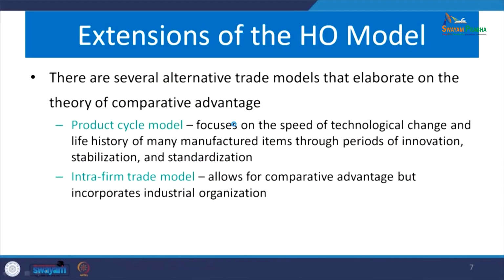Now, the product cycle model says that it goes by a certain cycle. One manufacturer or industry will grow its product, but the product will actually be imitated by other countries over time.